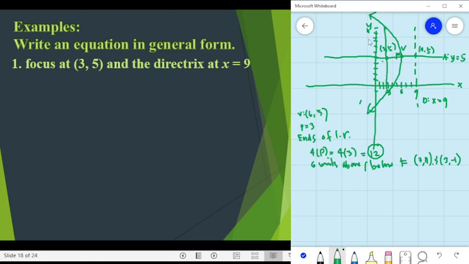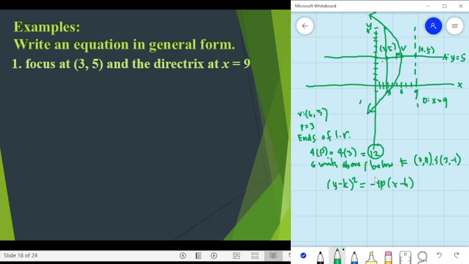Okay? So since the parabola is opening left, we are going to use the equation (y minus k) squared. You should remember that if y is squared, the parabola is either opening to the left or to the right. You just use negative 4p times (x minus h) if opening to the left.